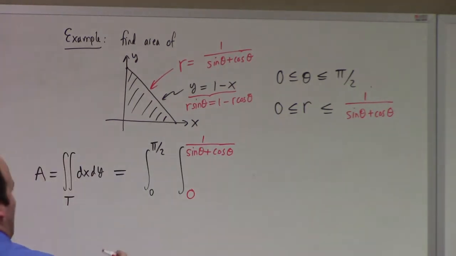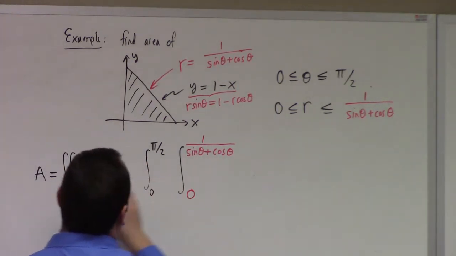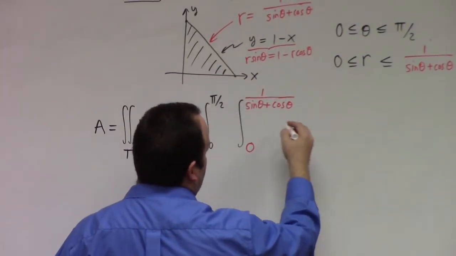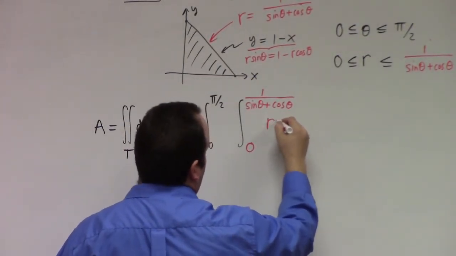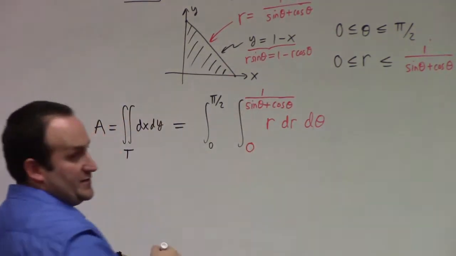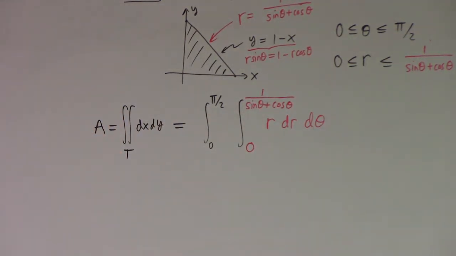There's a moral to this example. And then dx dy changes to what in polar coordinates? It changes to r dr d theta, because I put the r bound first, right? We're still bound by that same logic there. And then what? And then you integrate.